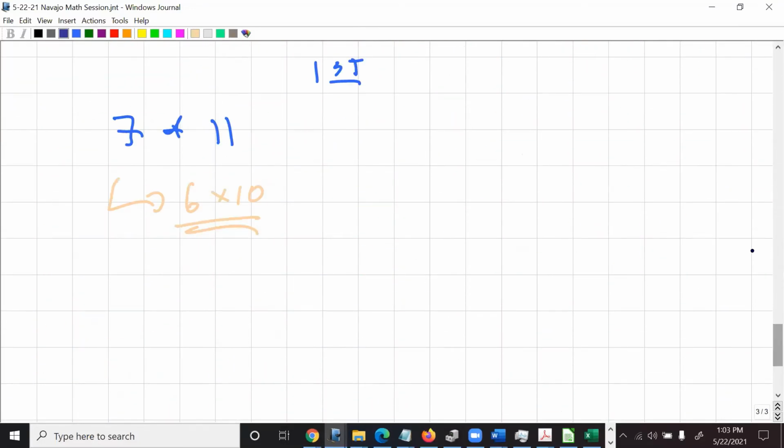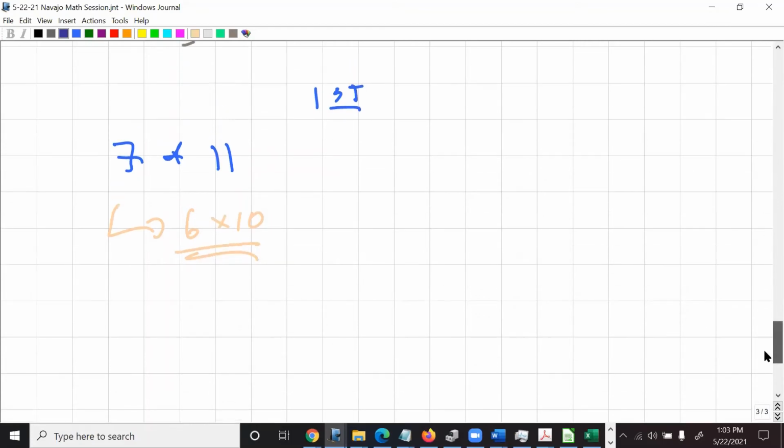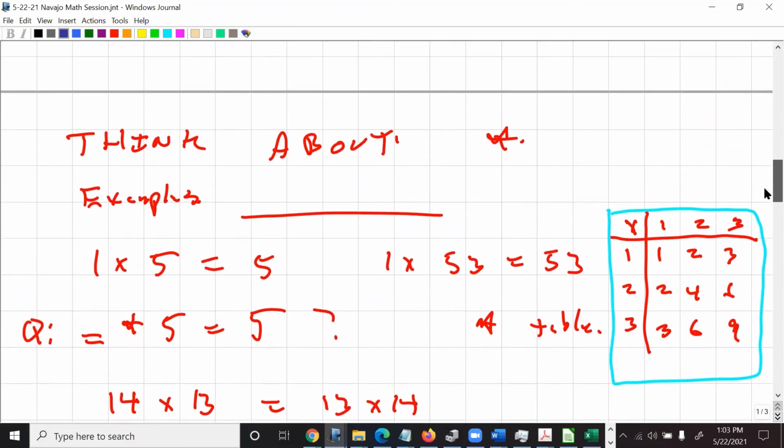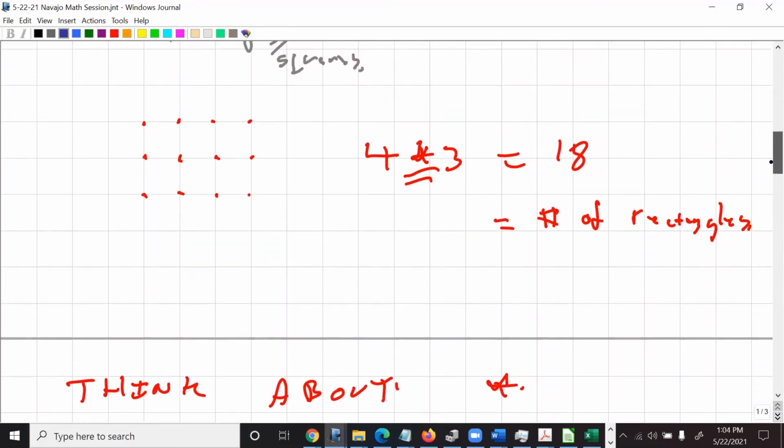That's a good question. Let's scroll. So 4 times 3 equals 12. 2 times 3 equals 6. 12 plus 6 equals 18.